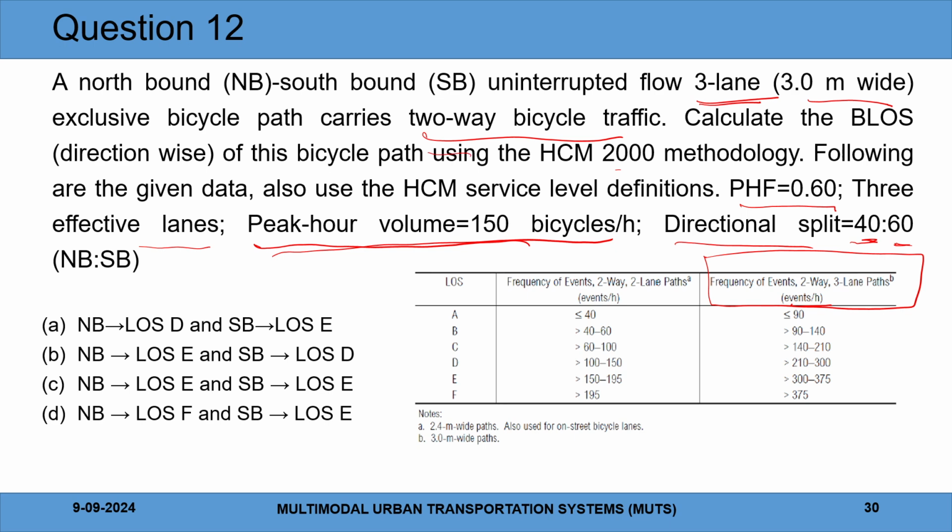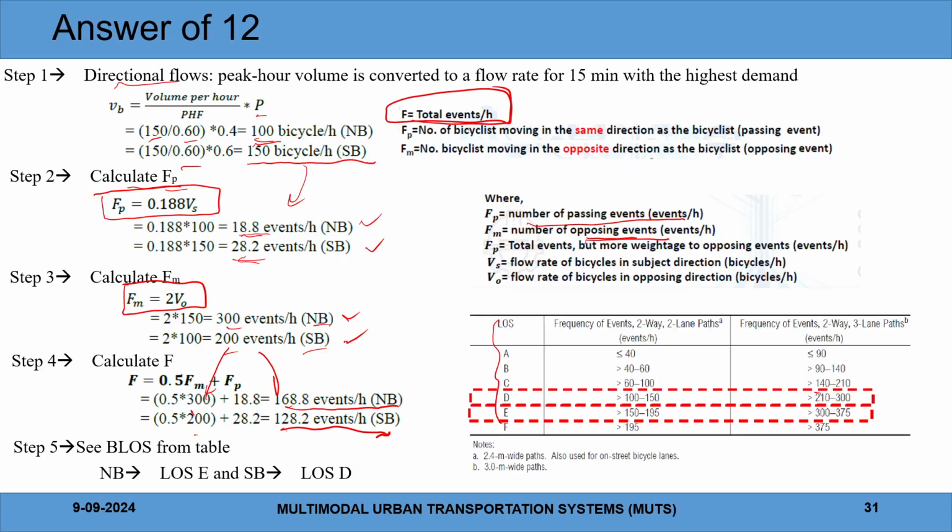So we need to see this table, and it will not be E. For northbound it is 168, so between 140 to 210 it will be C, and for southbound it is 128, so it will be B.